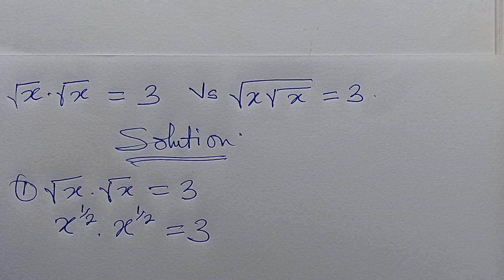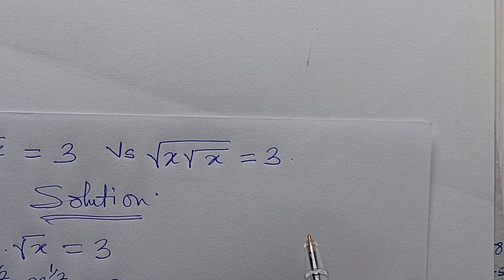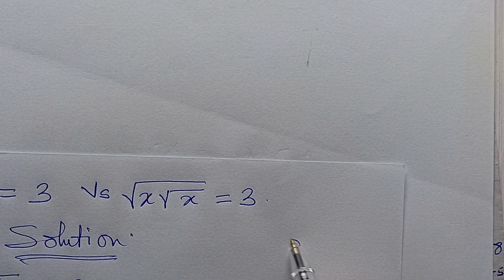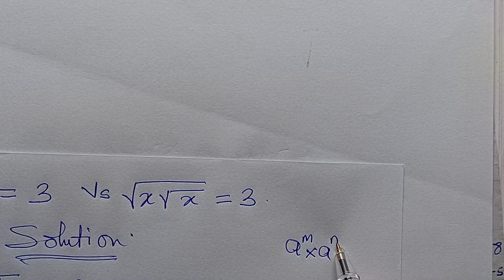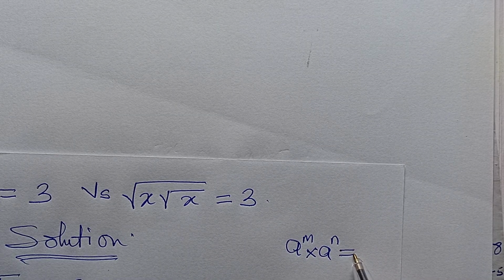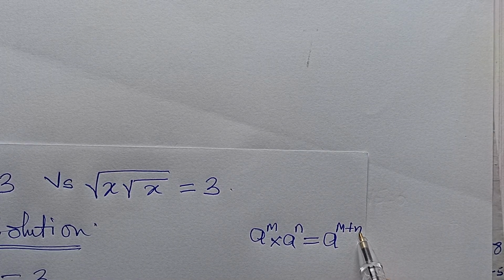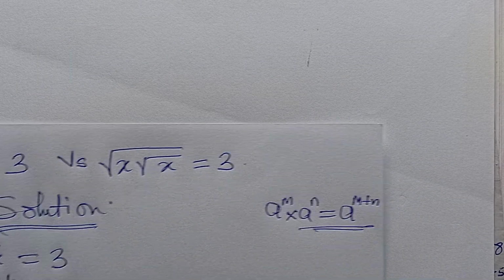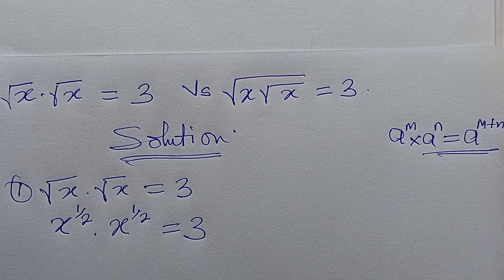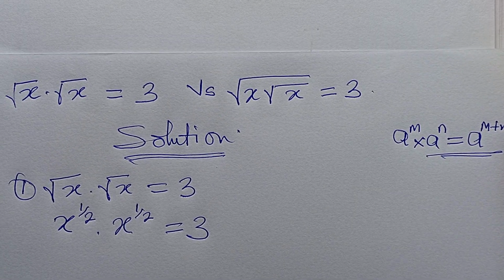So we're going to make use of a simple law of indices which says that whenever you have a to the power of m times a to the power of n, this is equal to a to the power of m plus n. In other words, we add the exponents so long as the base quantities are the same and we have a multiplication sign. And so we're going to apply that to this.